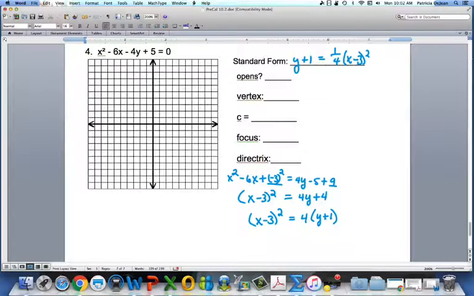Okay, so our vertex, it opens up, it's a positive 1/4. Vertex is at 3, negative 1. Be careful with where your x's and y's are when you pick out your vertex. c is 1.